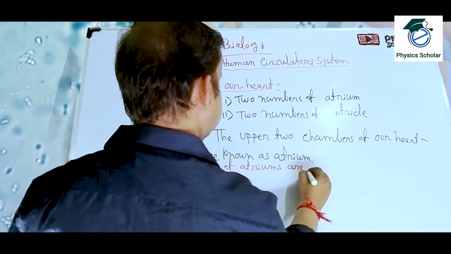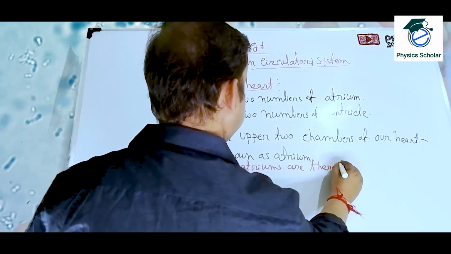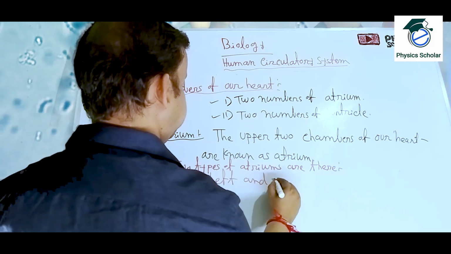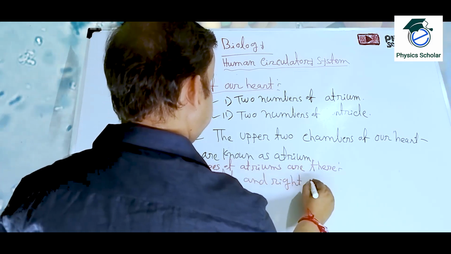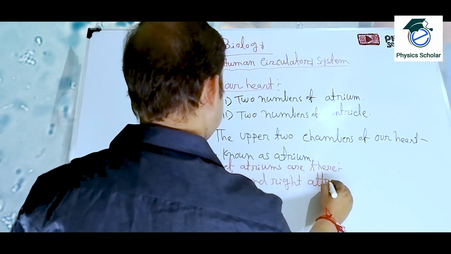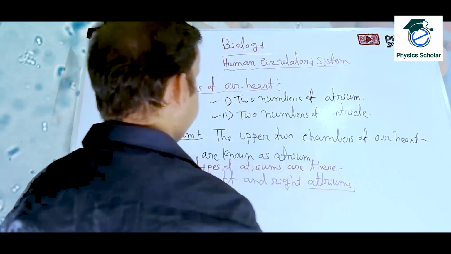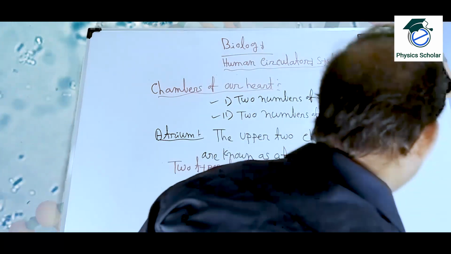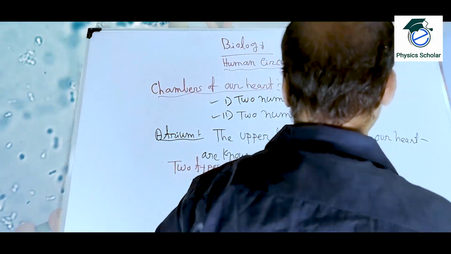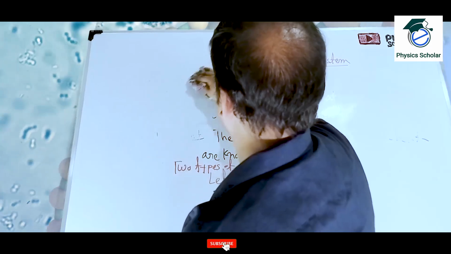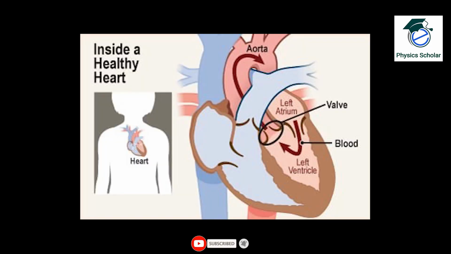What are they? Left and right atriums. Now we will discuss in detail about the left and right atriums. Okay students, now let us start with left atrium.